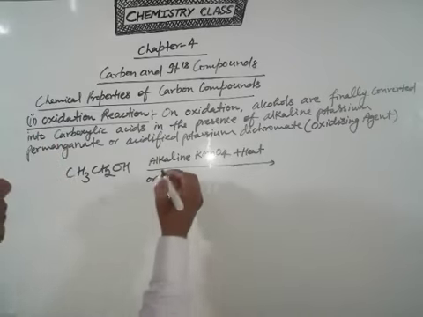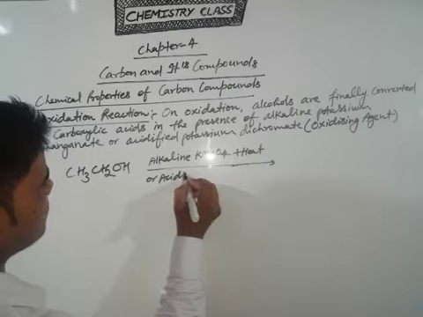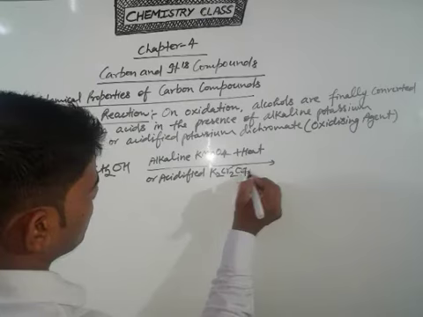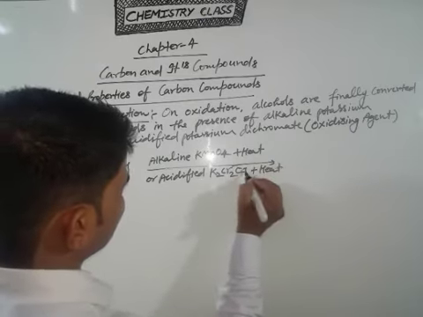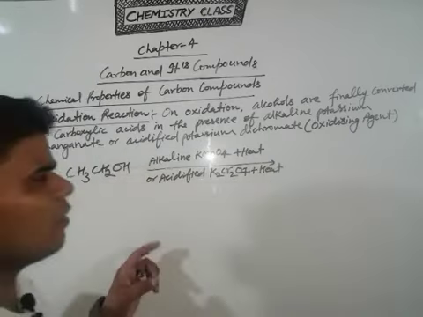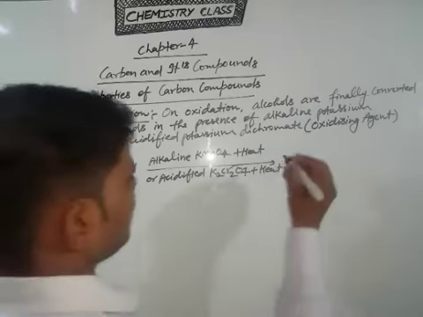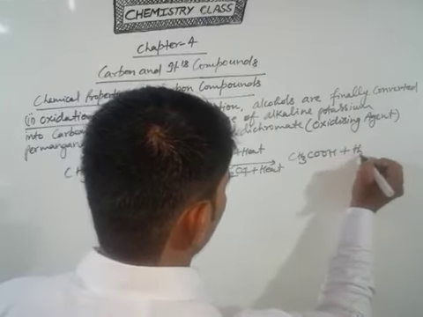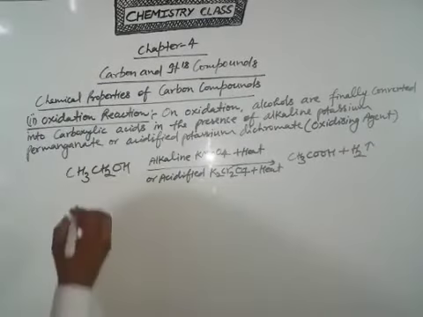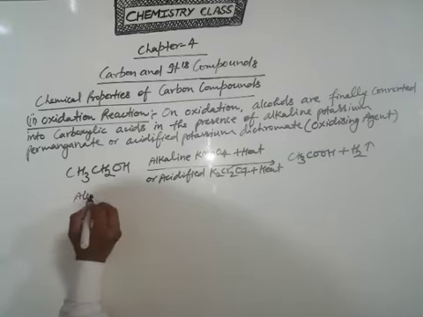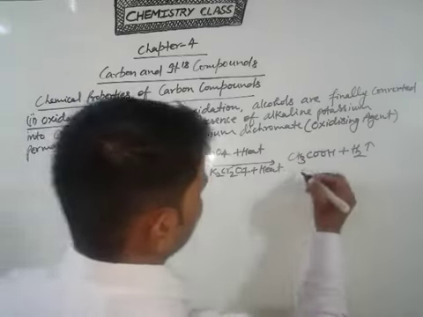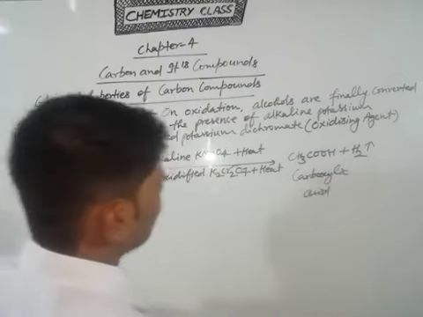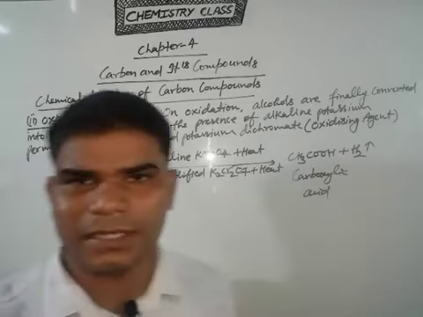If you want, you can use acidified K2Cr2O7 and some heat is also required in this reaction. Both oxidizing agents give the same product, which is CH3COOH. Clear? This is our alcohol reactant, and this is our carboxylic acid derivative. So this is our oxidation reaction.